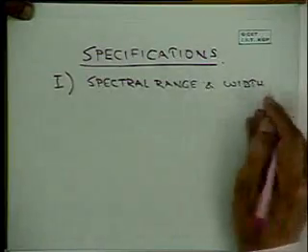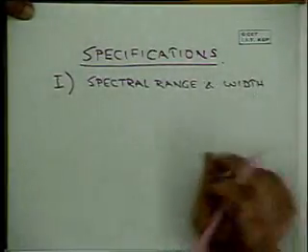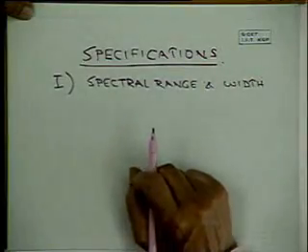Do we want a wide range or do we want a narrow range given a particular spectral width? For example, in the case of night vision, we want to detect between 8 to 12 microns. For fiber optic communication, we want to detect radiation only at 1.3 or 1.5 microns. We want to reject other wavelengths so that the noise is reduced.